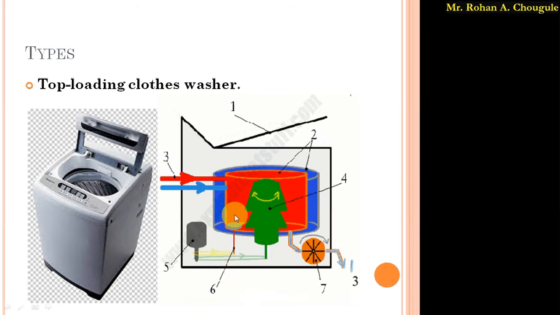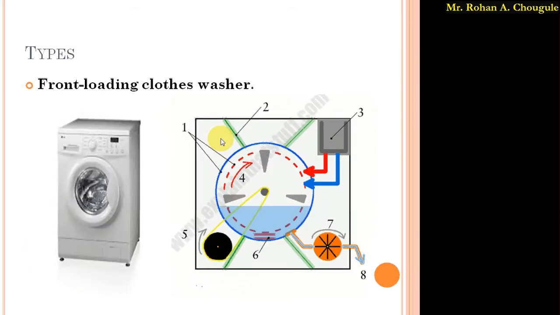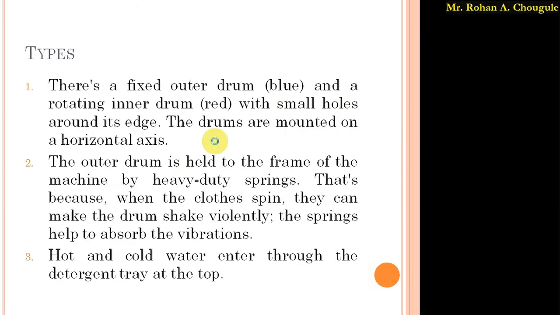So here, in case of the top loading washing machine, just like the front loading washing machine, an outer drum, which is shown by the blue color, and the inner drum with the holes, which is shown by red color, are mounted about the vertical axis. In case of front loader, these inner and outer drums are mounted about the horizontal axis.